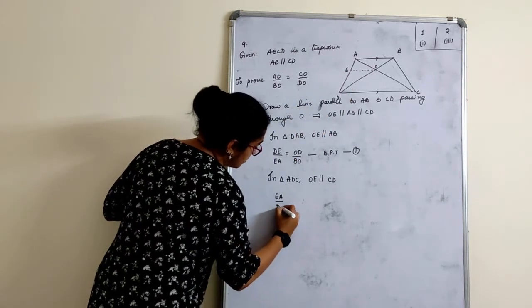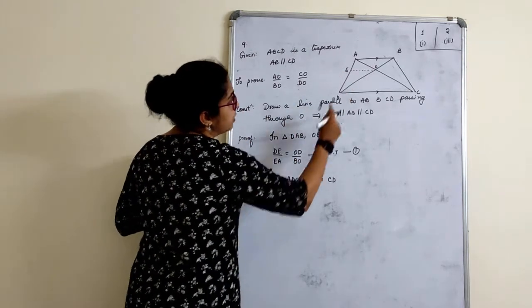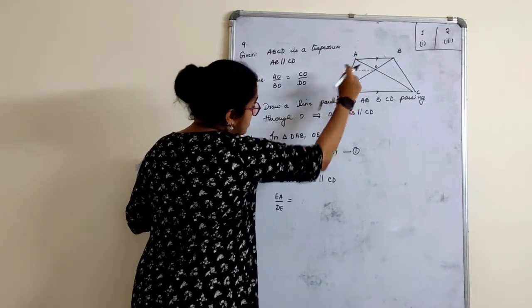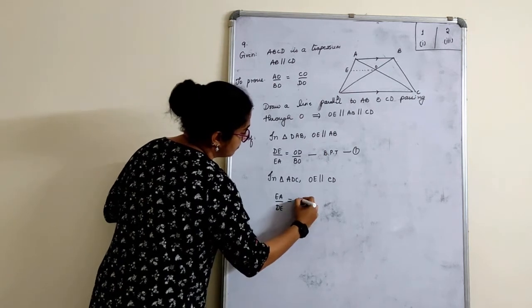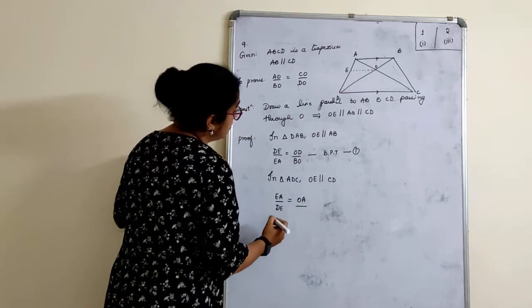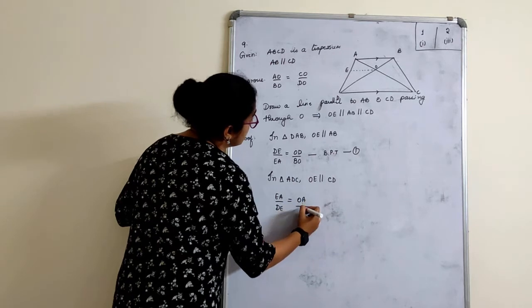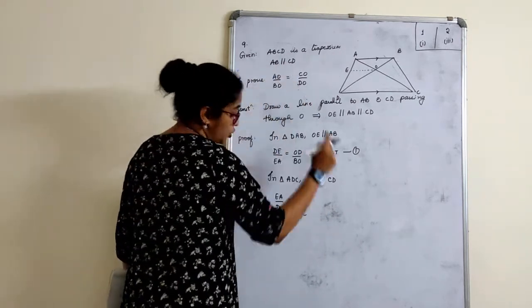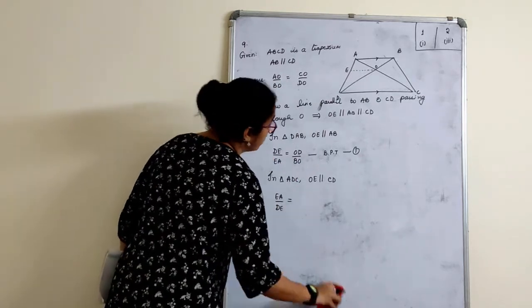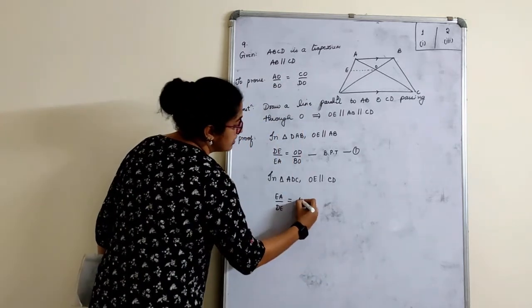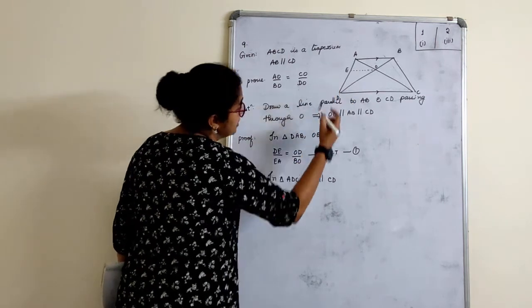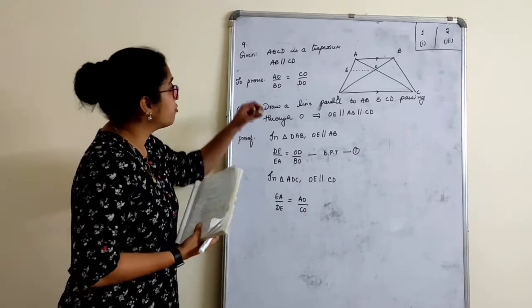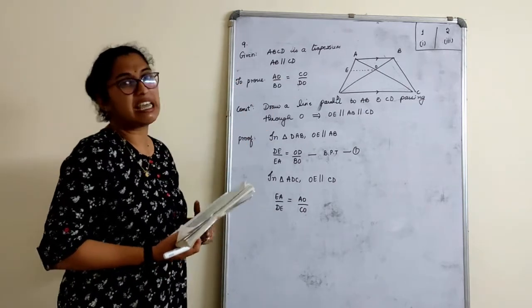Same thing I will use here. Upon DE is equal to, the next part is OA upon OC. Again, when we choose, try to choose the same vertices as given in the question. It will be easy. It is AO upon CO. Usually we use according to our convenience, but sometimes we have to use exactly what they have asked. It's the same thing, right?